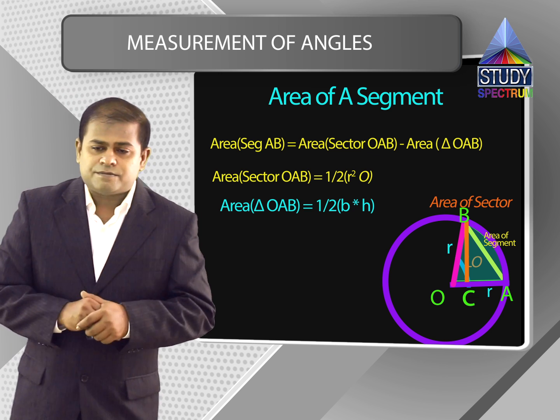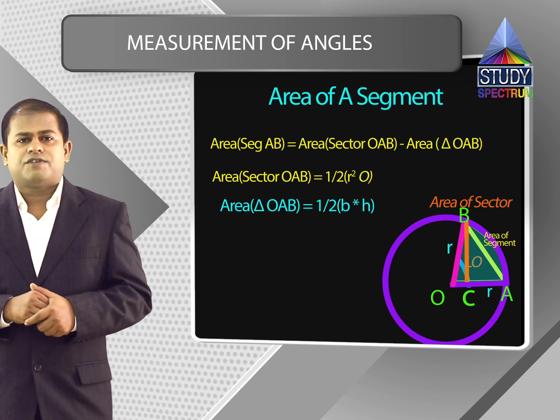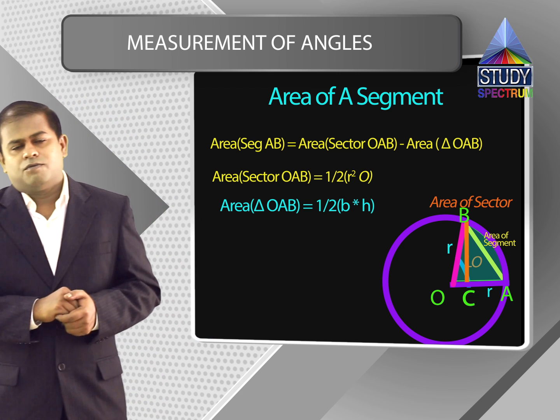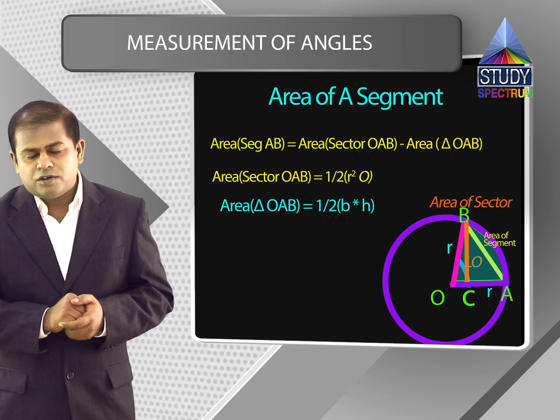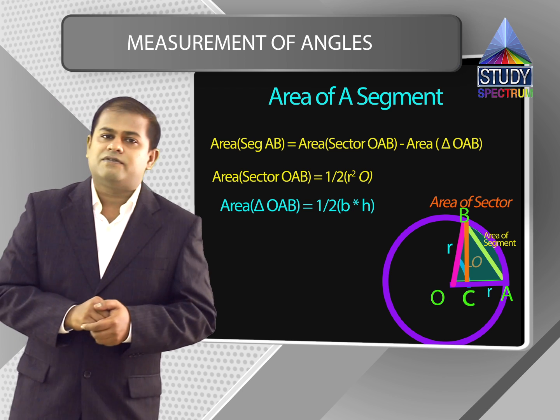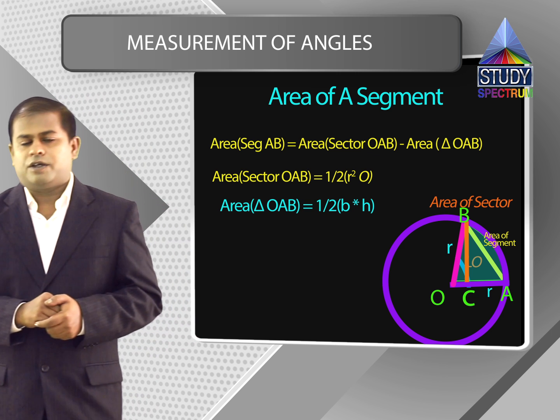Now let's measure BC. To measure BC, we'll have to use a little trigonometry. In triangle OBC, what will be the value of the trigonometric ratio sine theta? Sine theta is defined as the ratio of the opposite side and the hypotenuse.